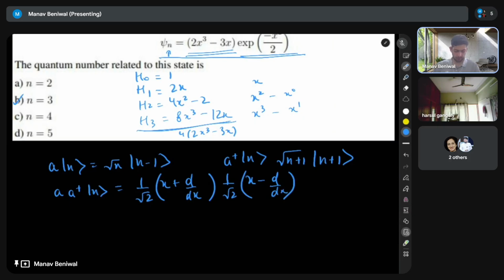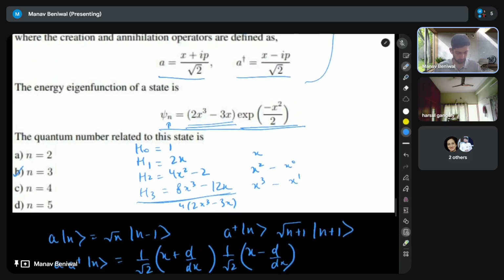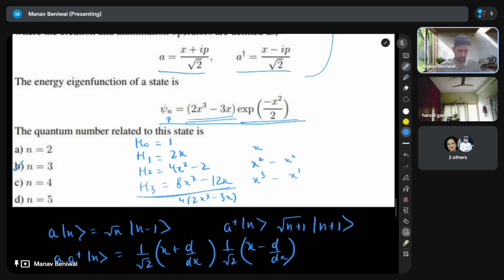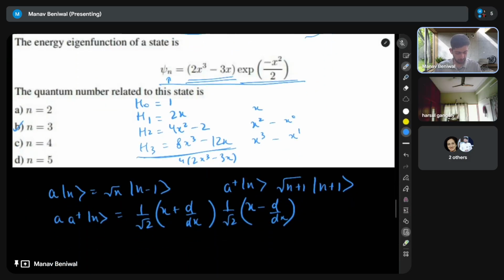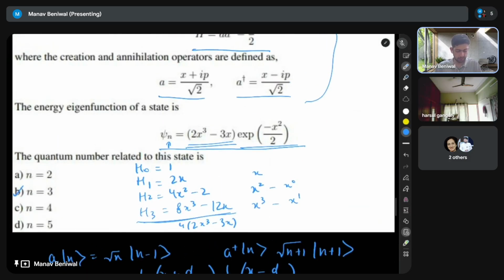So what we have done here: a and then this iota p, we know that p is of the form d by dx, and here we have taken m, h-cut, omega, everything as 1, since it is given in dimensionless units. So we have taken 1 by root 2 outside, and then this is just x plus d by dx, and this is x minus d by dx.